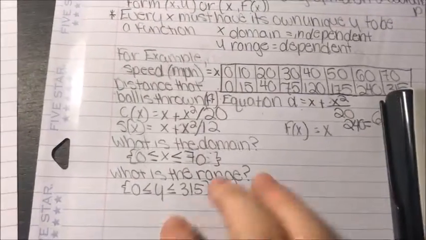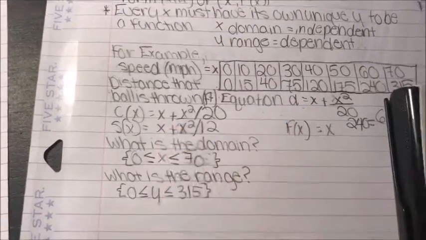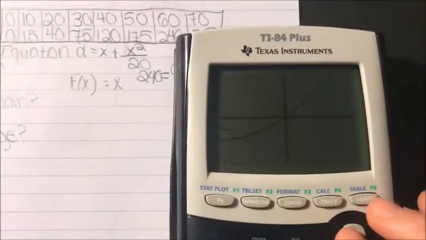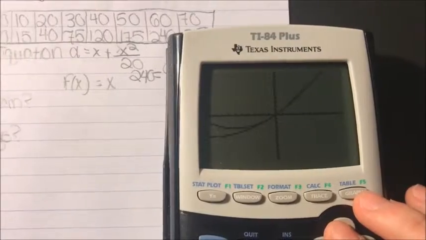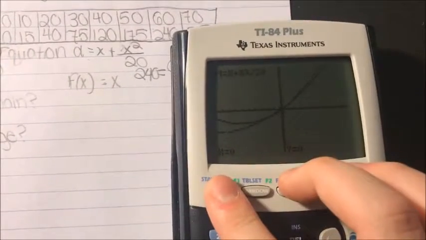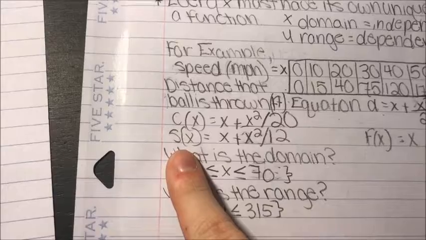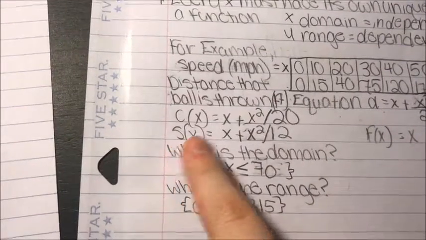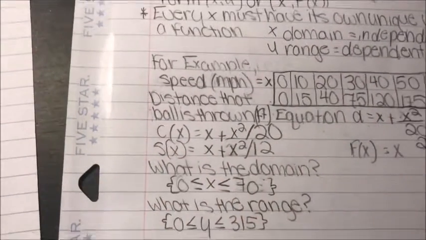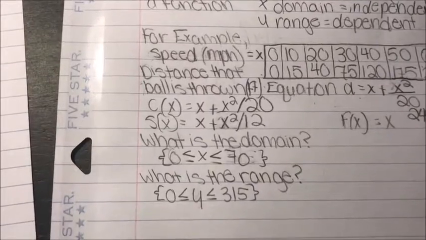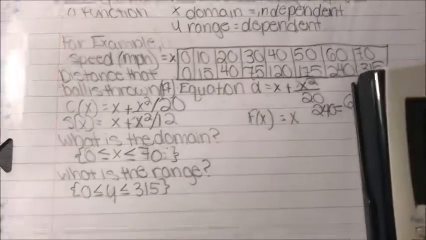Now that I showed you how this equation can make a function, we're going to add in a second equation. Instead of using cx, which was my variable for this equation, I'm now going to use sx for x plus x squared divided by 12.